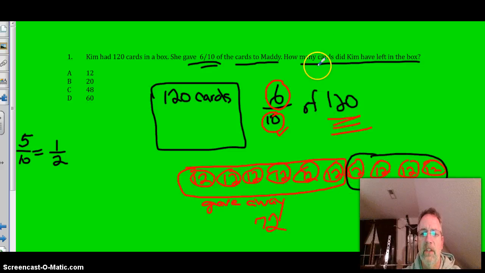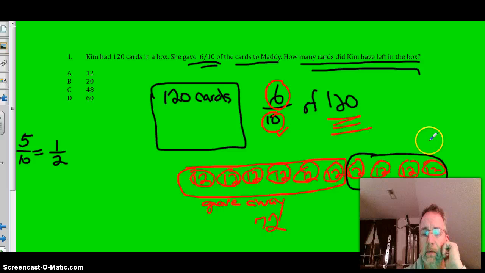This is one of the common mistakes when we don't focus on what it is that we're trying to find. In this case, what was left in the box. They told us how many was given away. So what was not given away is what's left in the box. In this case, 4 12s is 48. 48 cards were left in the box. Okay.